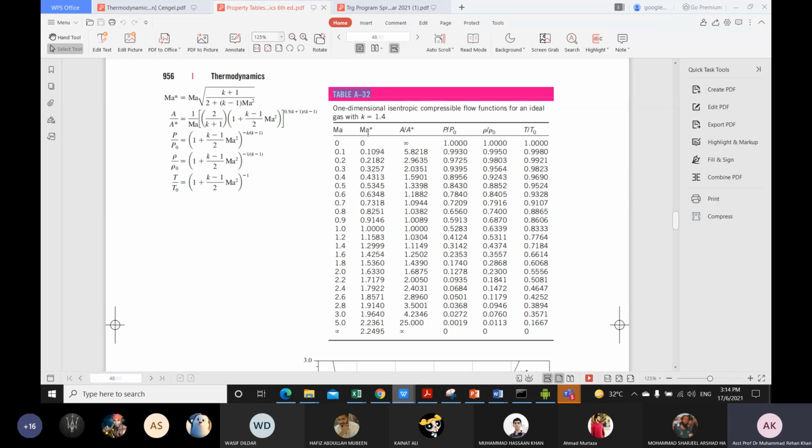I will tell you later what the value of Mach star is. Against these Mach numbers we can easily find A by A star, then P by P naught, rho by rho naught, and T by T naught. This P is basically your exit pressure, that is your throat pressure, then throat density over stagnation density, and temperature at throat over stagnation temperature.